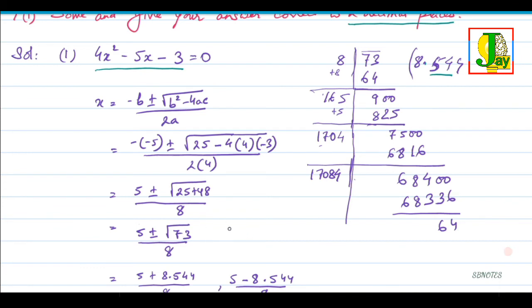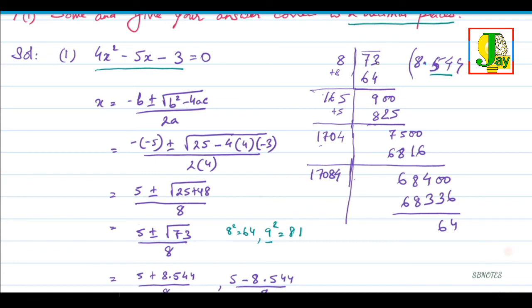So we know that 8 square is 64 and 9 square is 81. So the value of root over 73, that means root over 64 is 8, root over 81 is 9, that means root over 73 is somewhere in between.